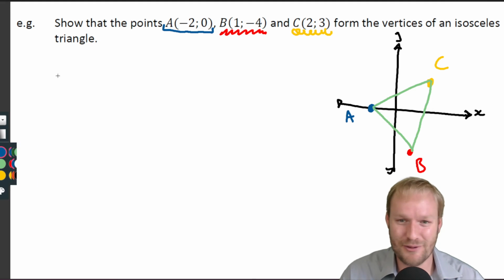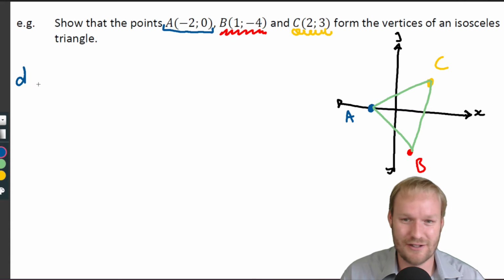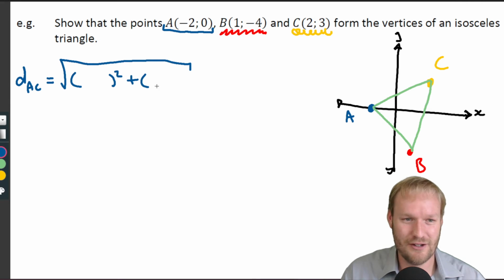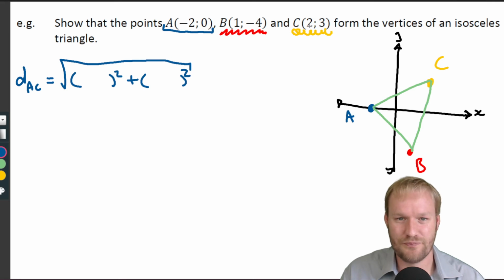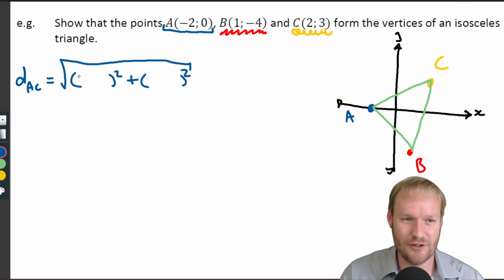So let's just work out all the distances. So the distance of AC, notice the way I'm writing it, is the square root of, and we're going AC, so I'm going to go 2 minus -2, and I'm going to go 3 minus 0, and into the calculator it's going to go.